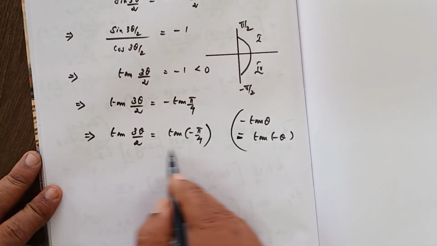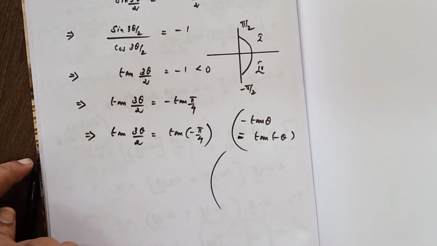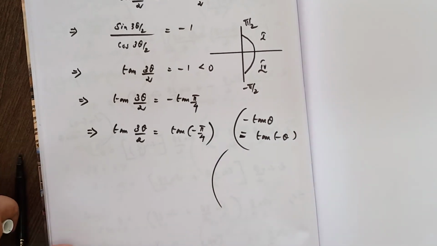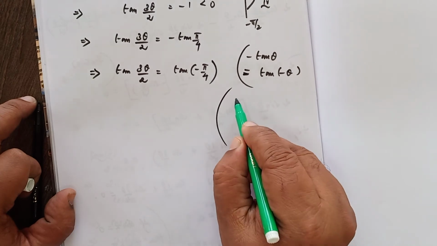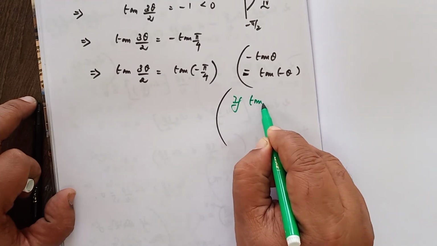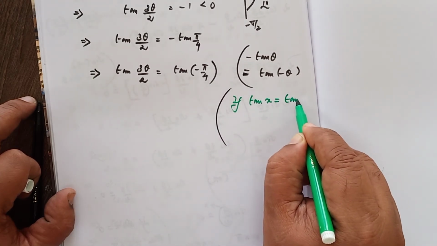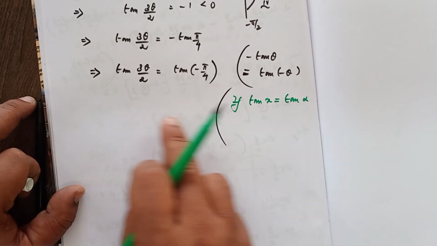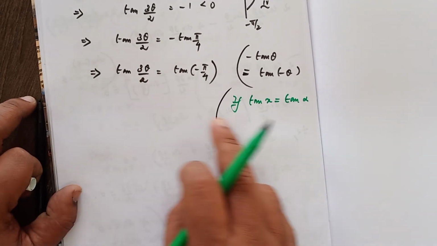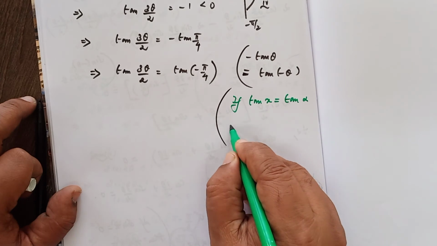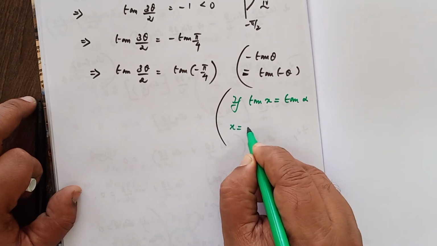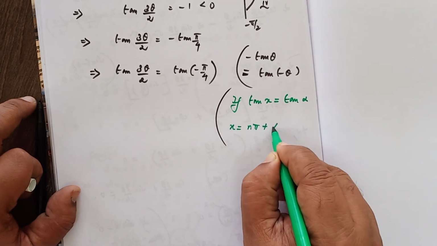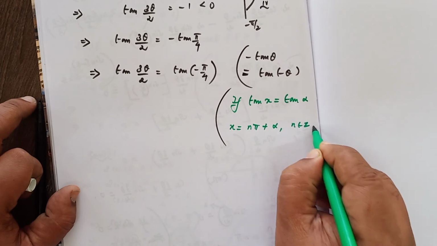What form is it? Tan x that is equal to tan alpha. If tan theta equal tan alpha, since theta is in the equation itself, I consider it as x. Tan x equal tan alpha, x that is equal to n pi plus alpha where n belongs to integer.